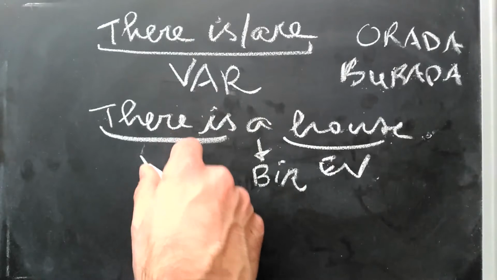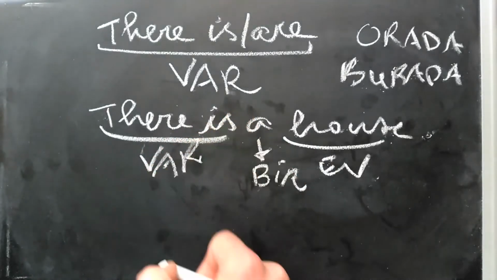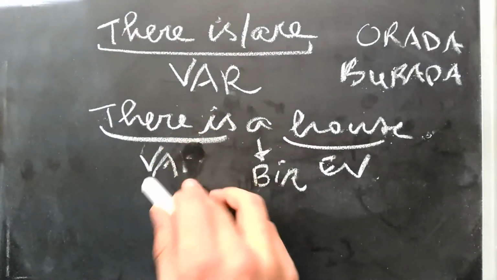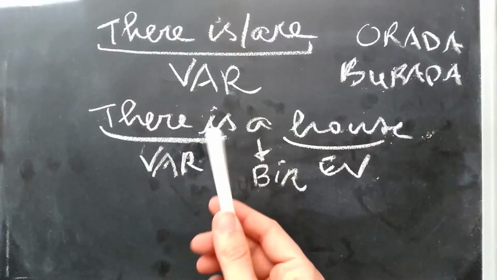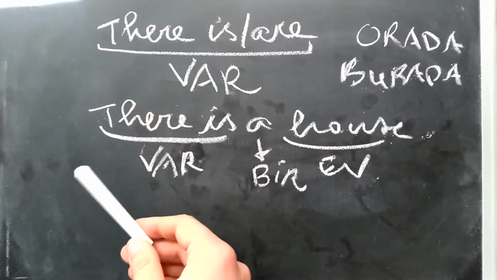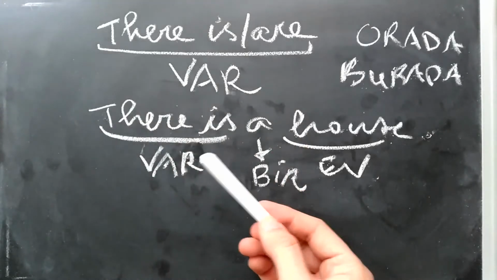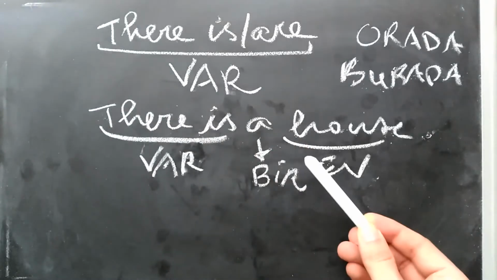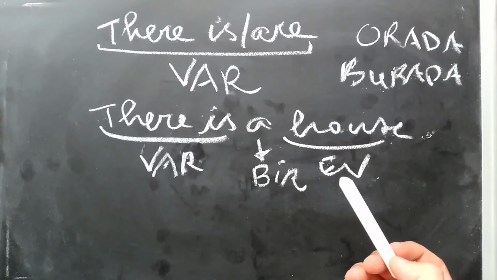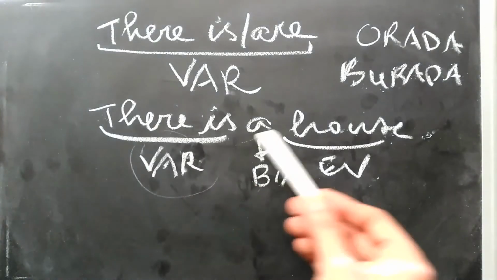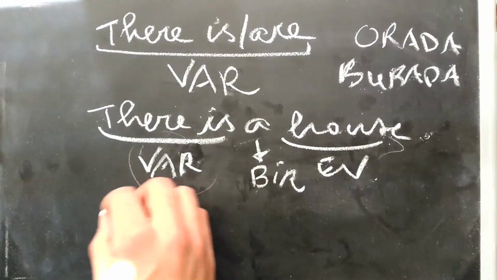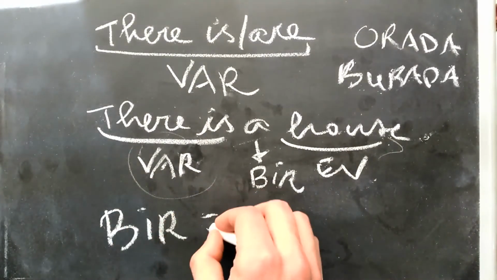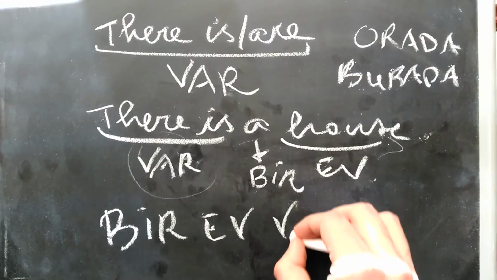So in Turkish we say var for this, okay? The only difficulty here is that in English you say there is a house, but in Turkish you do not say var bir ev. That would be weird. You put this at the end. So your sentence effectively becomes bir ev var.